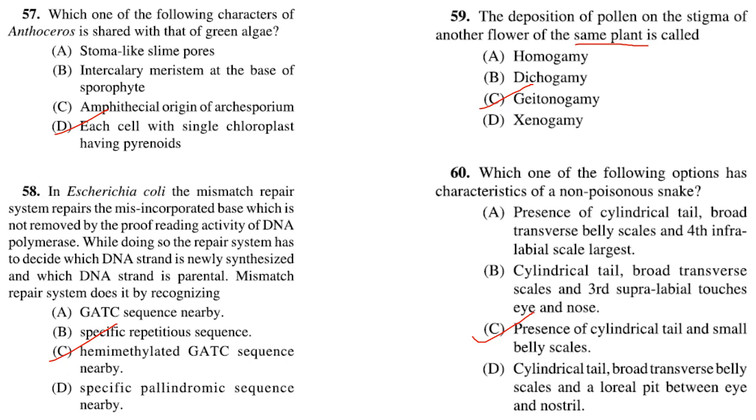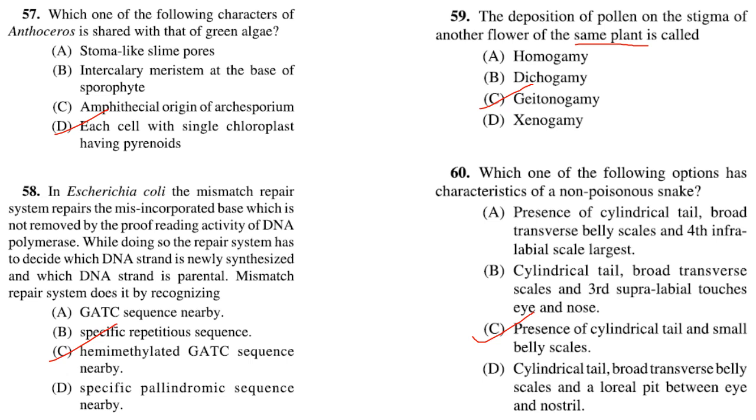The mismatch repair system does this by recognizing... So, how does it recognize that? The daughter strand is unmethylated, whereas the parental strand is hemimethylated. This is how the mismatch repair system recognizes it. So, hemimethylated at the GATC sequence nearby. Answer is option C.